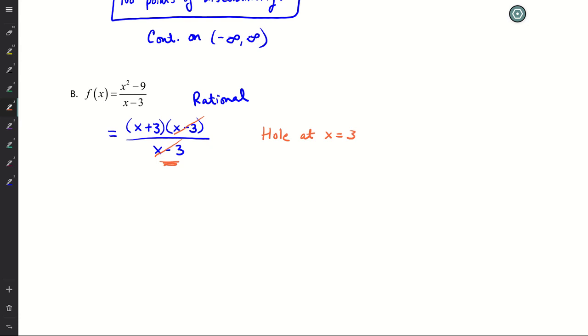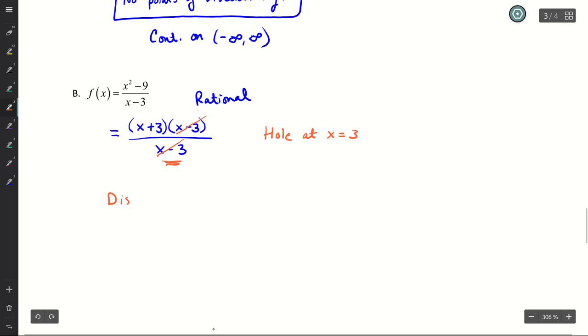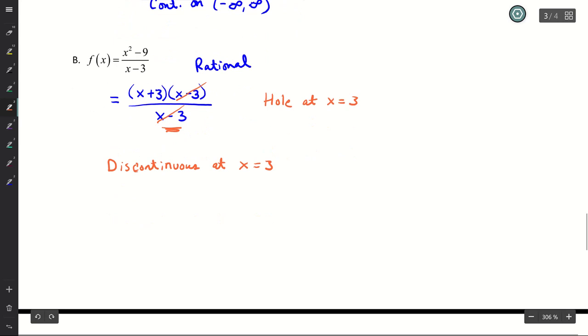So this thing is going to be discontinuous at x equals 3, specifically because of the hole there. Okay, and if we're trying to clarify why it's not continuous there, we can say because f of 3 does not exist.